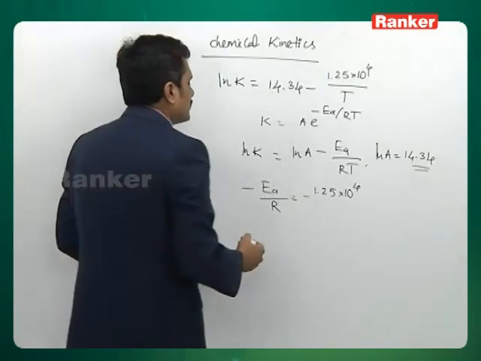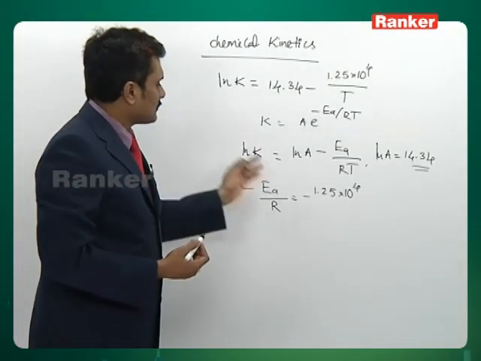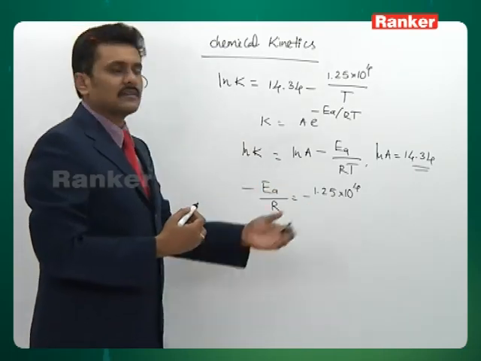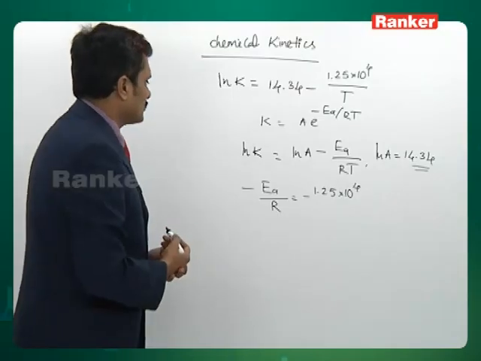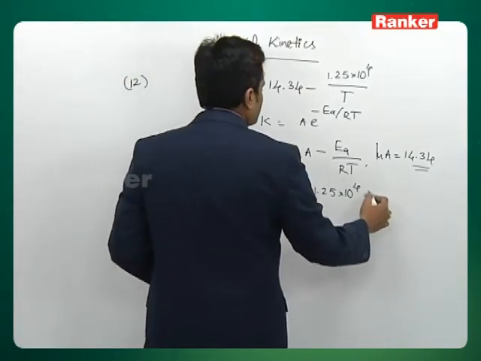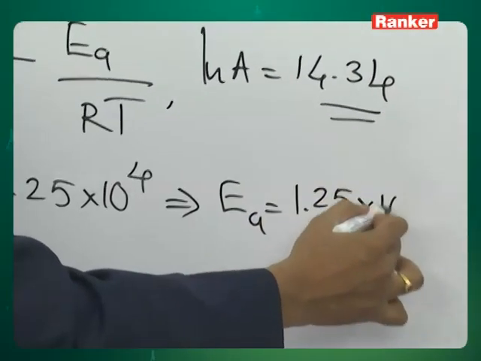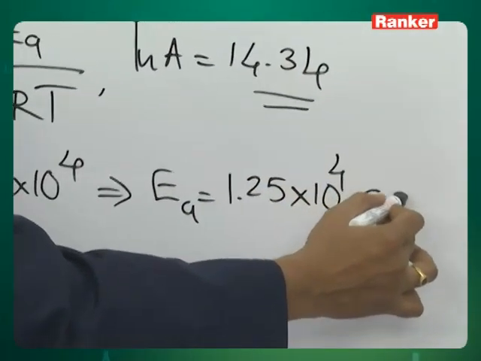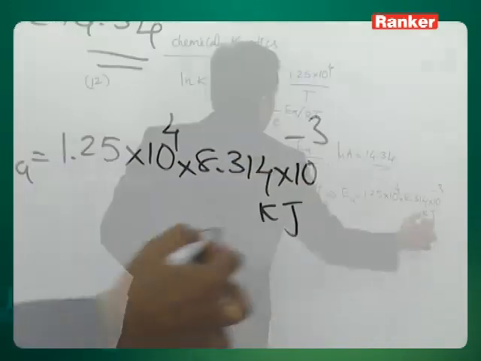Here you can see that this is a straight line with an intercept and the slope being negative, whose value is 1.25 into 10 to the power 4. Now when I substitute the R value, I am going to get the activation energy for the given reaction. If I substitute R in kilojoule, I will get my answer in kilojoule.